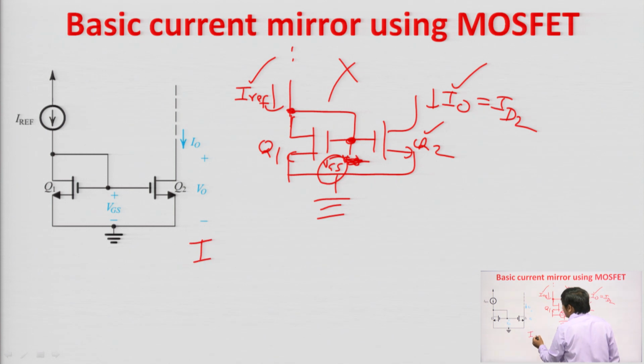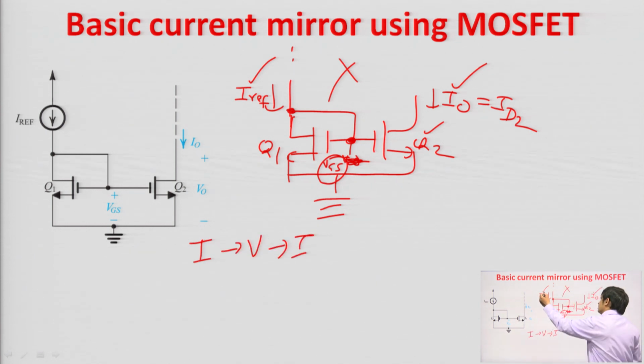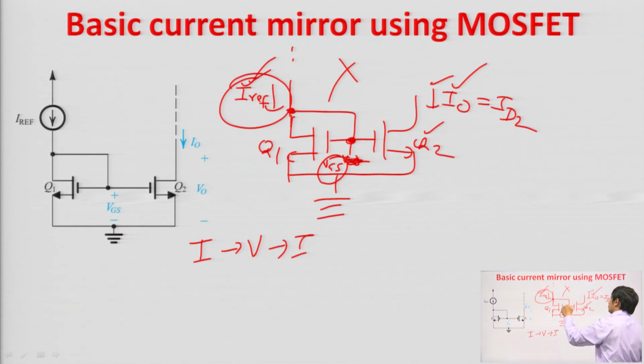Actually, the current is converted into voltage, and further that voltage is converted into current. If the I reference is changing, that change reflects in VGS, current to voltage, and if VGS is changing, then corresponding to this VGS, I naught is changing, voltage to current. So, we can say that this current mirror is the combination of current to voltage and voltage to current.